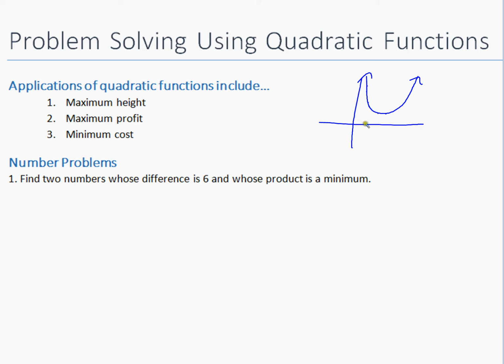So if we picked this point, if this was 3, 19, that means when x is 3, y is 19. And there's all types of values along here.